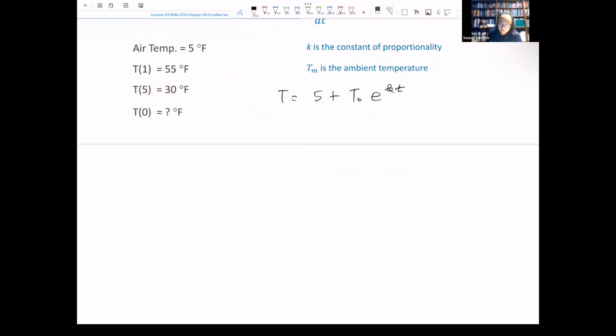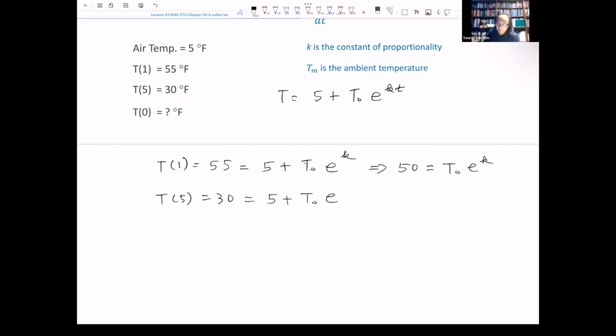If T of 1 is 55, then 50 equals T naught e to the k. The second condition, T of 5 equals 30, that equals 5 plus T naught e to the 5k. Now it's going to be 25 equals T naught e to the 5k.